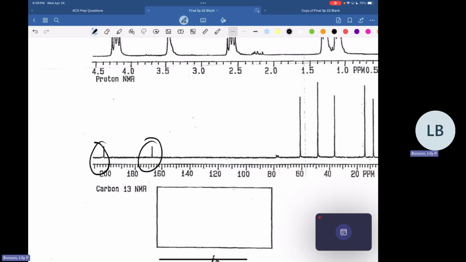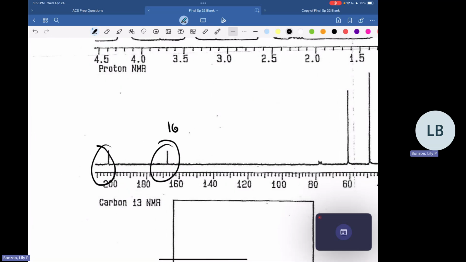You'll notice this one's at about 165 to 185, and this one's at about 200 to 220. So we know we're going to have a ketone, and we know we're going to have an ester.